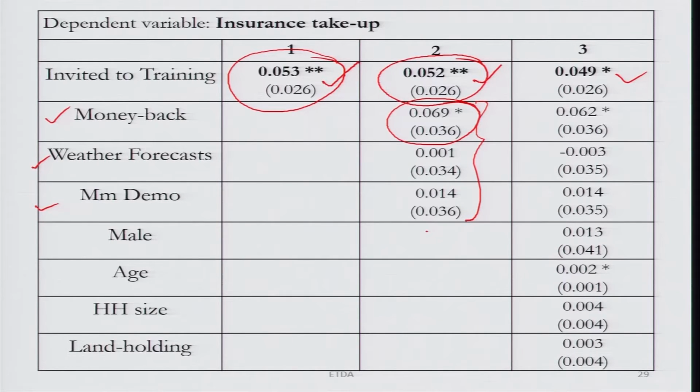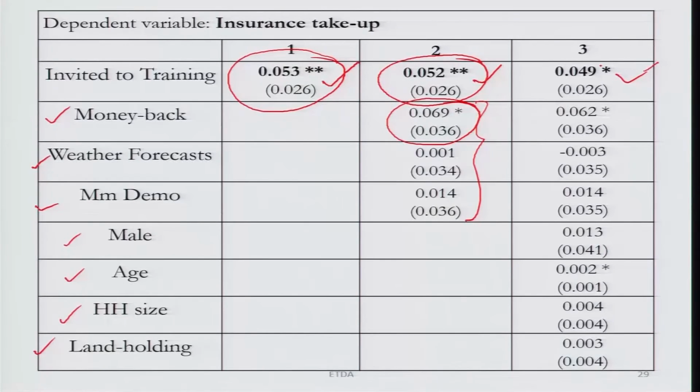Similarly, when you include more covariates, remember in the previous part when we were comparing the covariates across the treatment and control group, we found that each of these covariates were actually balanced across the treatment and control group. So, ideally they should not have any impact on your coefficient estimate, and that is what you find. The coefficient estimates hardly vary between the 3 columns.